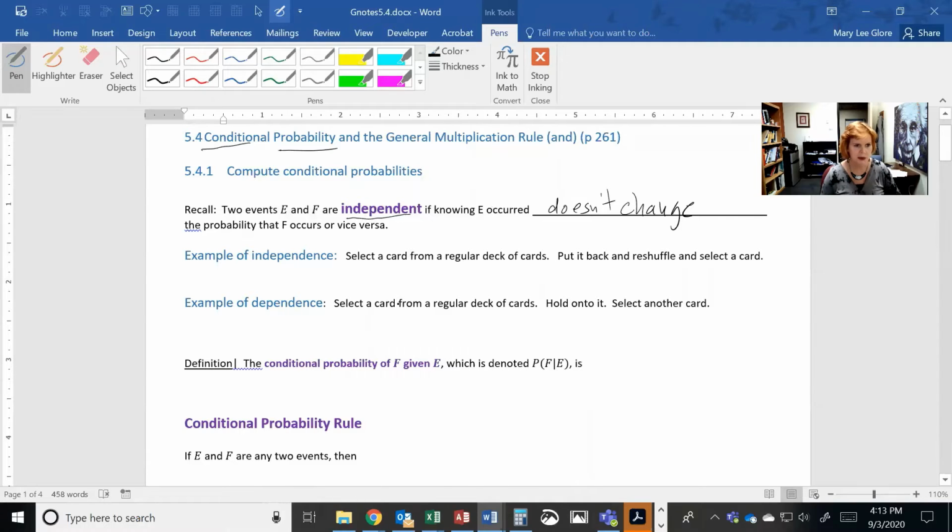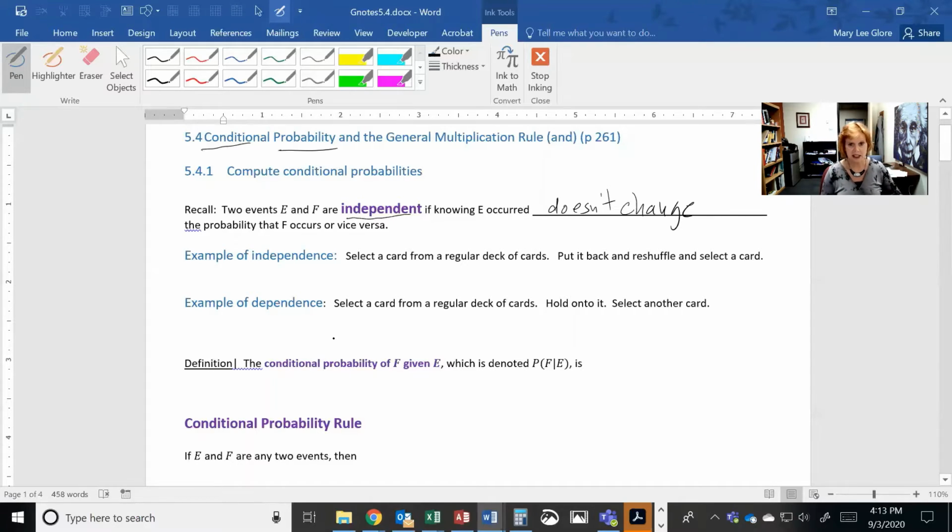An example with cards is if we select a card, we put it back in the deck, shuffle it, and select another card. Probabilities stay the same. In fact, every event about the first card picked will be independent of any event about the second card picked, because I'm starting off with the same set of circumstances each time: for the first pick and the second pick, I've got my 52 cards.